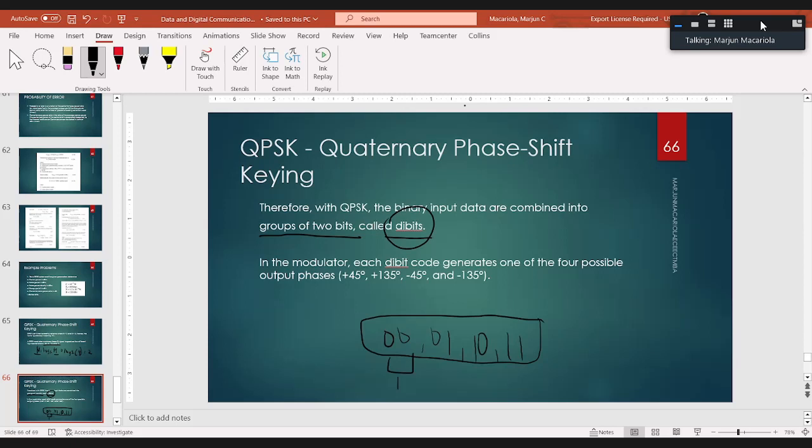Okay? So each dibit code generates one of the 4 possible output phases. So ito yung sinasabi ko kanina. These are the different input combinations, and these are the 4 different output phase combinations. Okay? So we have 45 degrees, 135 degrees, negative 45 degrees, and negative 135 degrees.